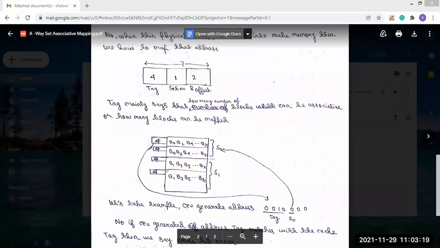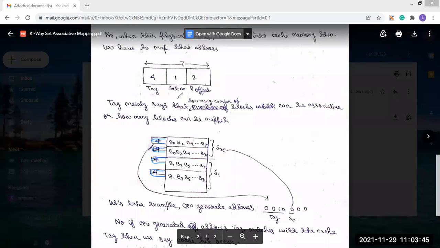So that means 4 tag bits will be present here, here also, and here also. Each line will contain 4 tag bits.